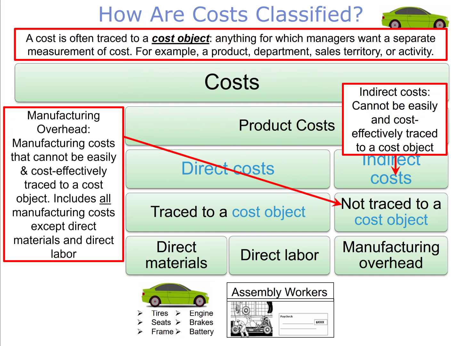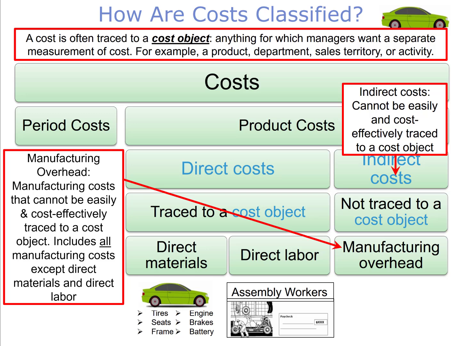Manufacturing overhead are all product costs except direct materials and direct labor. They cannot be easily and cost-effectively traced to a cost object, such as the guitar for the guitar manufacturer or the car for the automobile manufacturer. These are all costs associated with making the car, but cannot be tied directly to one car or another.